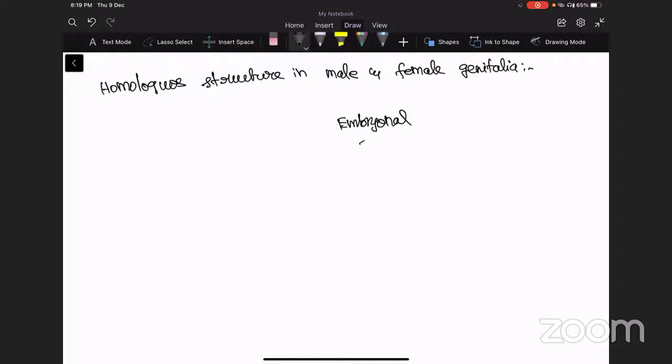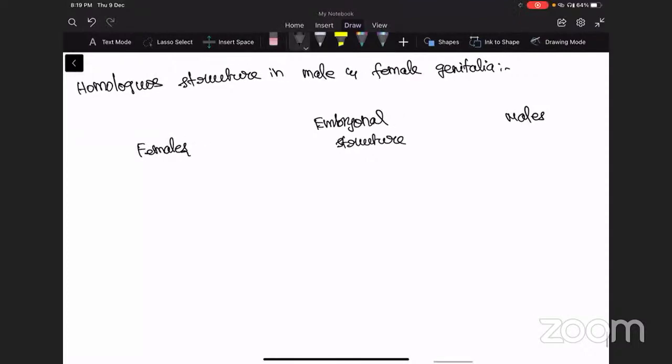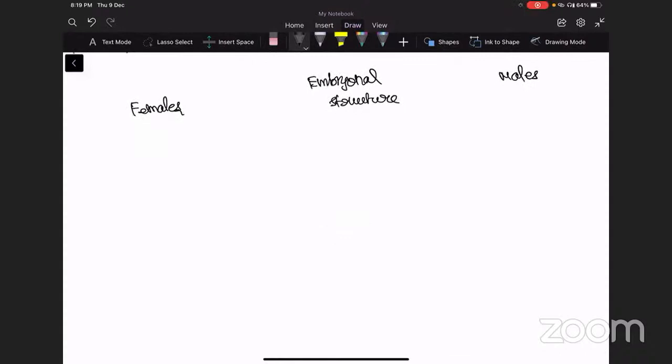Embryonal structure, what is the homologous for males, and for females? Genital ridge, homologous for testis in males and ovary in females.